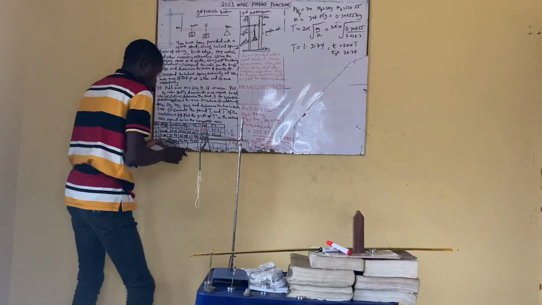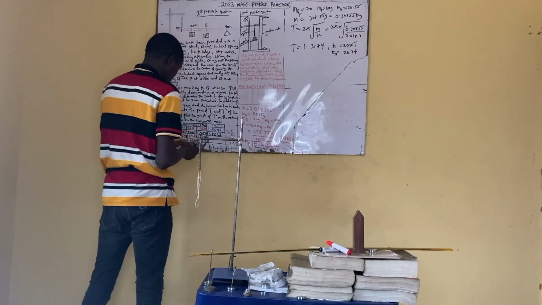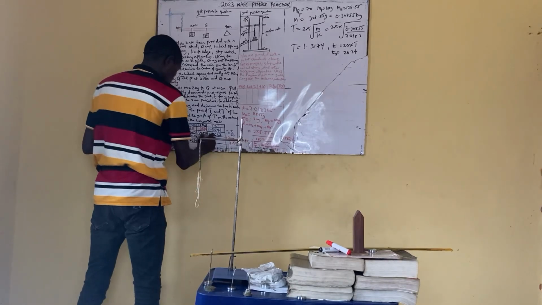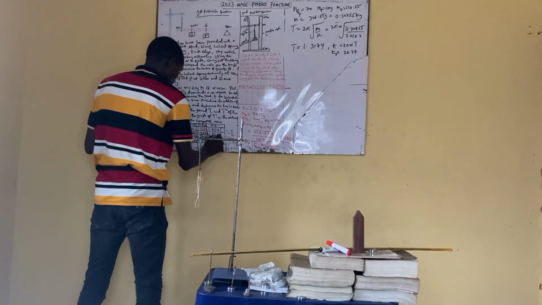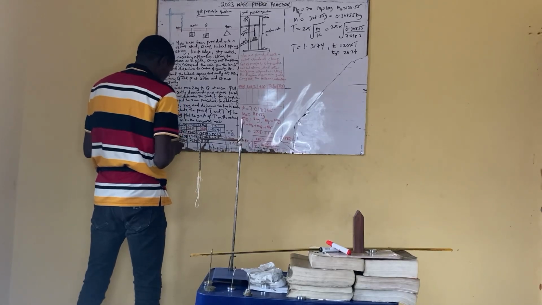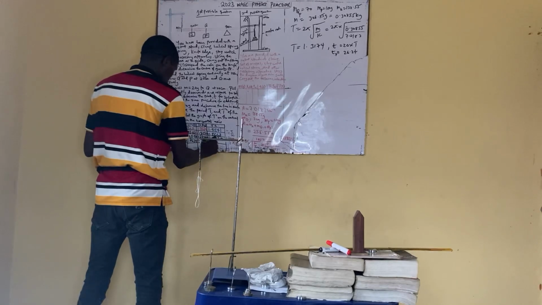So you can square this one. I forgot to square this one. 1.2740 squared is 1.6230. For 1.3174 squared, I'm talking about T squared, is 1.7355.